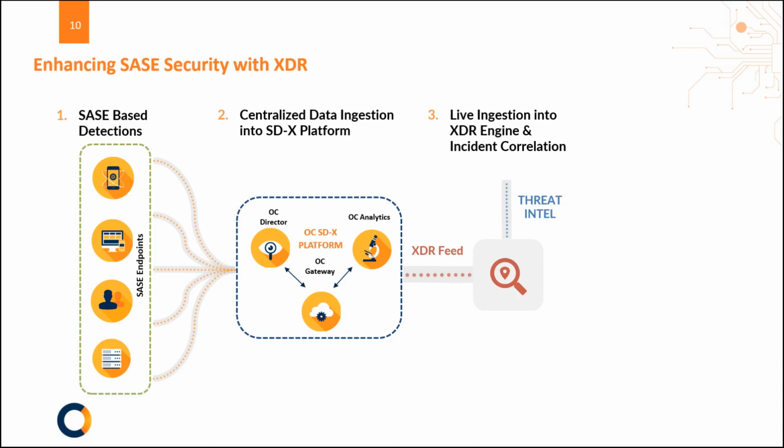So first of all, we're collecting all the logs that are coming from our centralized SD-WAN platform into a modern XDR-based data lake so that we can get incidents in real time, whatever is happening in the network. And since this integration is directly per tenant at the orchestration layer, we don't have to take logs from each and every device, which is a cumbersome activity, and most of the time it becomes very difficult for the operations team to manage.